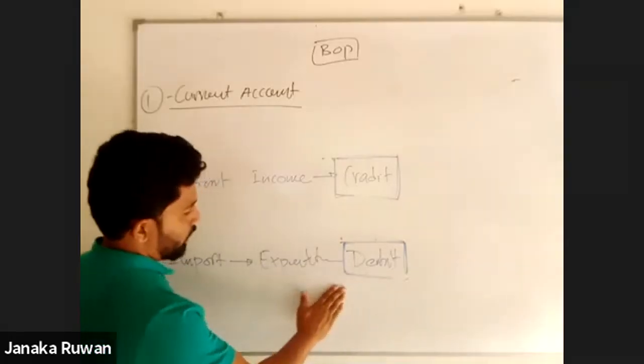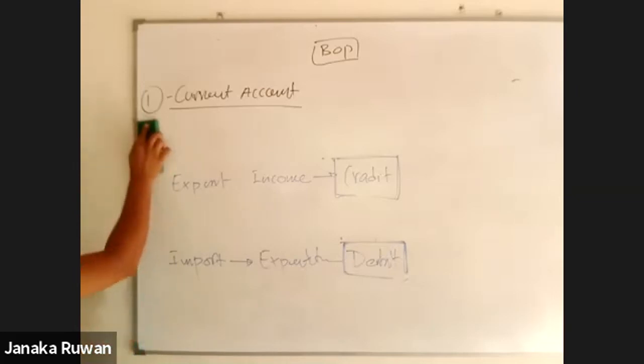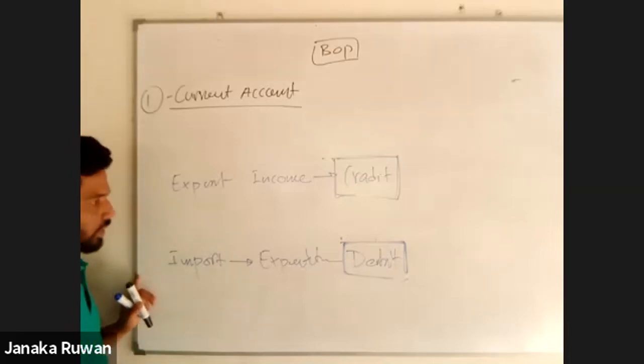Okay, you identify how you record the income and expenditure in the balance of payment current account part.